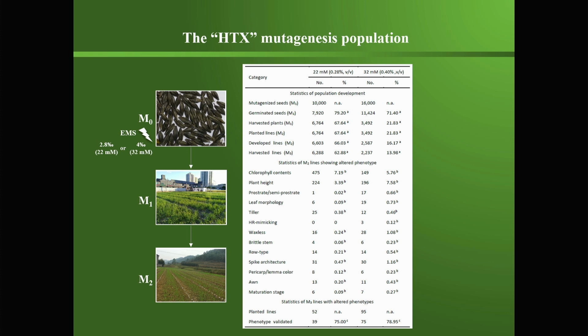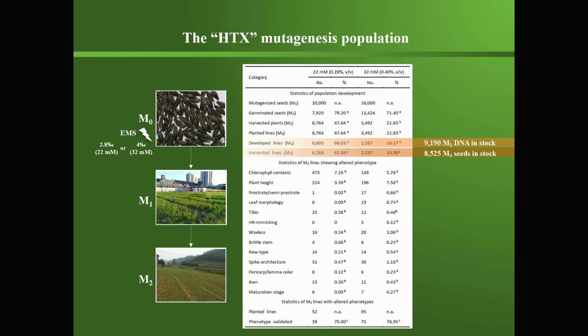So eventually we chose two levels of treatment dosage. We had 10,000 grains treated with 22 millimole and another 16,000 grains treated with 32 millimole. For the mutagenesis population, we obtained over 1,000 M2 DNA in stock and over 8,000 M3 seeds in stock.